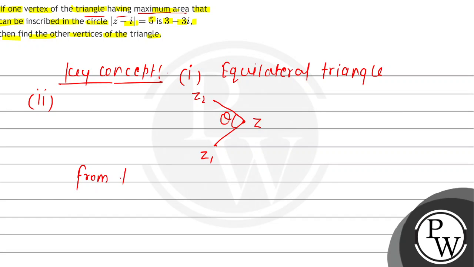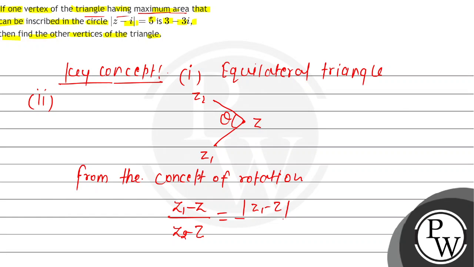On the concept of rotation, we can say (z1 - z)/(z2 - z) can be written as |z1 - z|/|z2 - z| e^(iθ). So this is the formula that we are going to use.